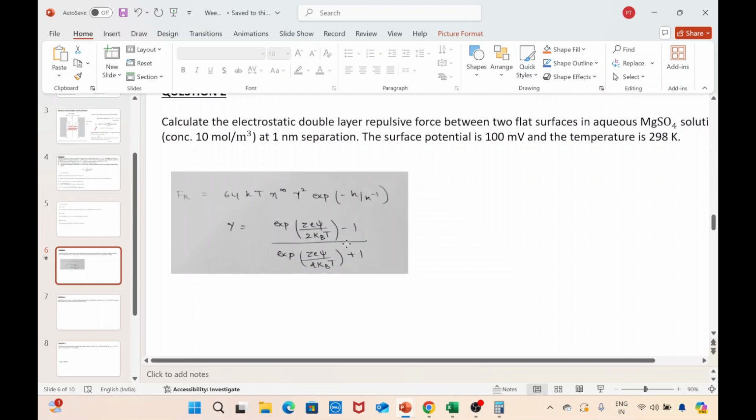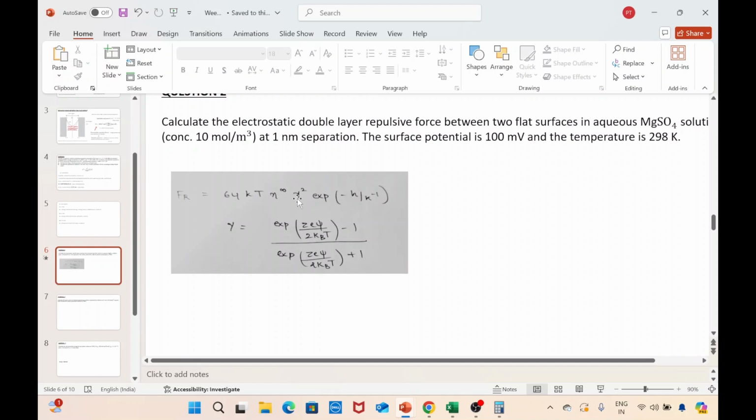So this is the equation where Fr is nothing but 64 times kT, where k is Boltzmann's constant, T is the temperature, n infinity is the concentration of the ions in the solution, gamma square, exponential of minus h, or you can say delta, that is your separation distance, divided by Debye length or kappa inverse.